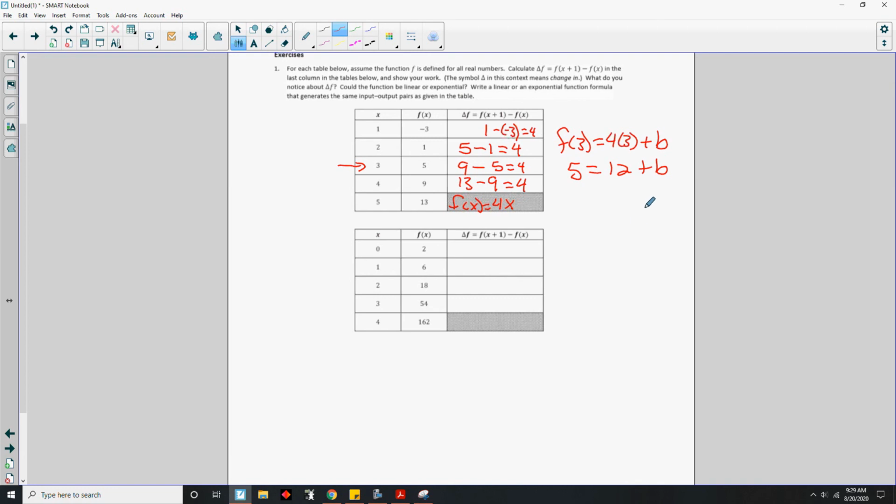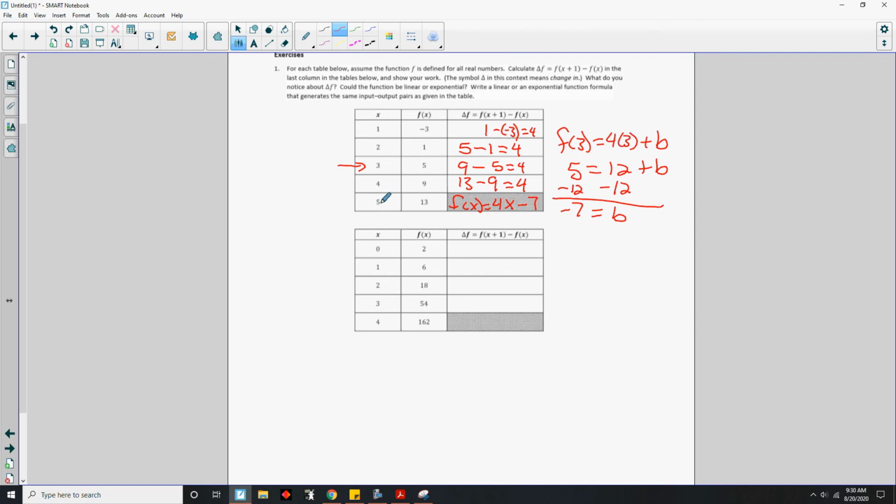Okay, simple substitution. And then to get b by itself, I need to subtract 12 from both sides. And when I do that, I get negative 7. So my linear function for this model is f of x equals 4x minus 7.